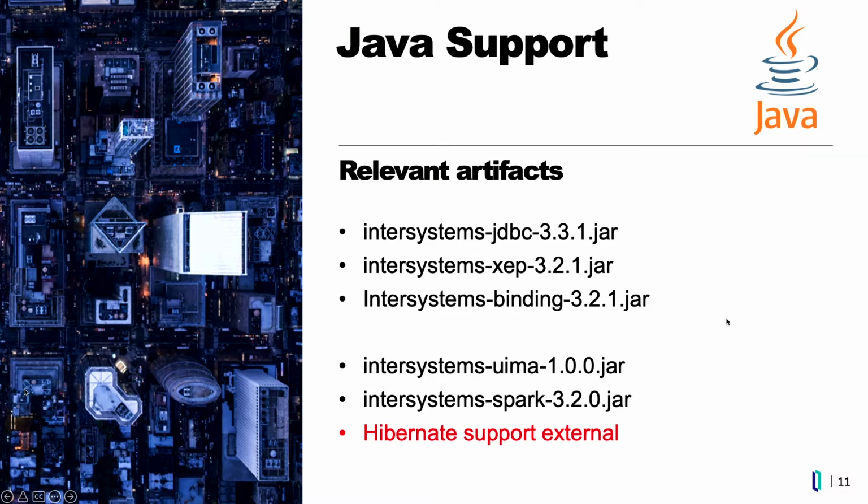So whenever you actually log a ticket with WRC, we don't just need the $CV string, we also need the semantic version of your driver when you have an issue with the JDBC driver or with XEP or whatever. So that's always good to keep in mind, right?